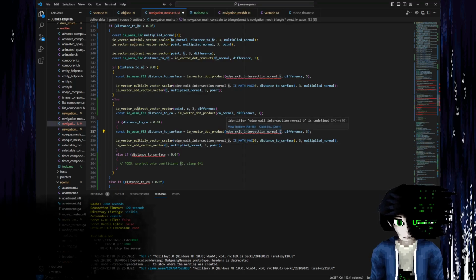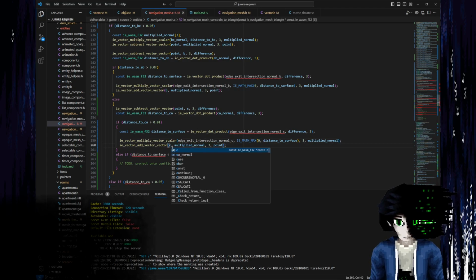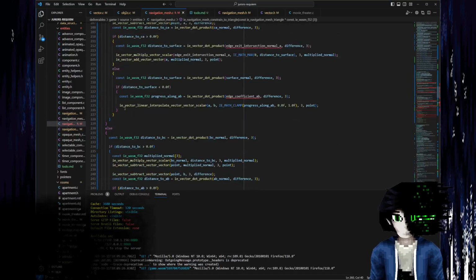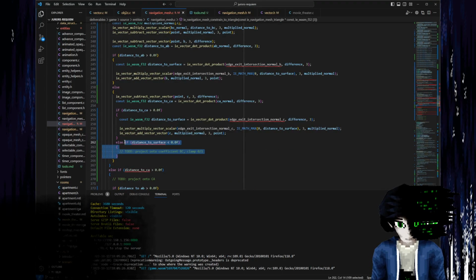So the common here is C, we use that, and we're definitely at point C. Okay, that's good. And then finally, we are calculating the distance to the surface as our final case.